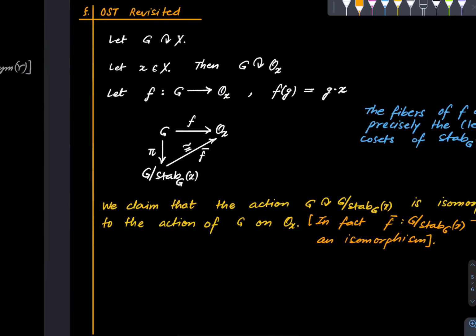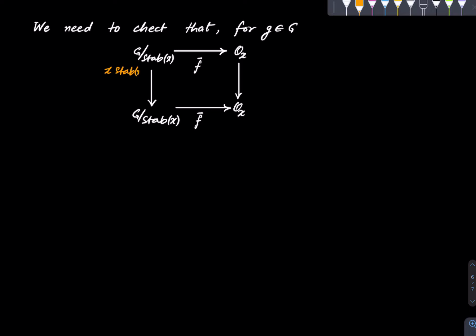So what is this vertical map? The permutation induced by little g, what is that? That just takes, oh sorry, I shouldn't use x, let me say maybe h. So the coset corresponding to h, h stabilizer of x, goes to gh, stabilizer of x.